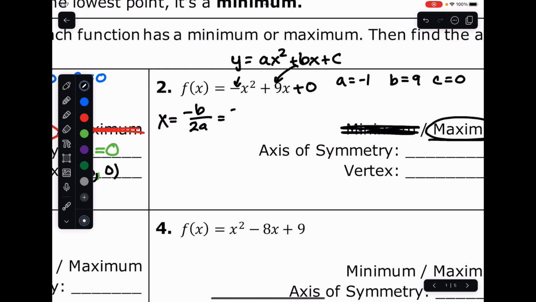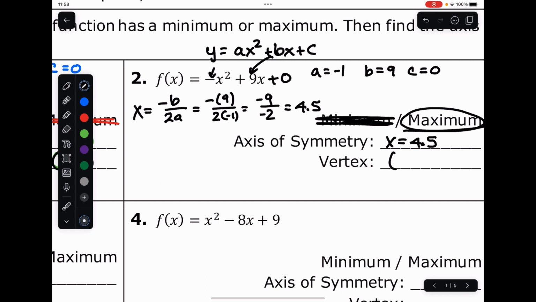So we're going to replace the b with 9 and the a with negative 1. The negative of positive 9 is negative 9. And 2 times negative 1 is negative 2. So when we divide this, that's going to equal positive 4.5. So our axis of symmetry is positive 4.5.